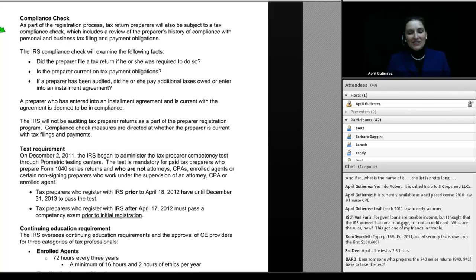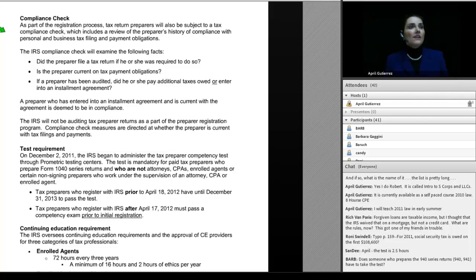Okay. All right. Also, the IRS will be doing compliance checks on anyone who applies for a PTIN and anyone who renews a PTIN. The compliance check has to do with, did you file your tax returns if you were required to do so? And if you filed them and you owed, did you pay what you owed? The reason being that if you have not filed when you should have, or have not paid when you should have, how can you possibly be trusted to be preparing other people's tax returns?